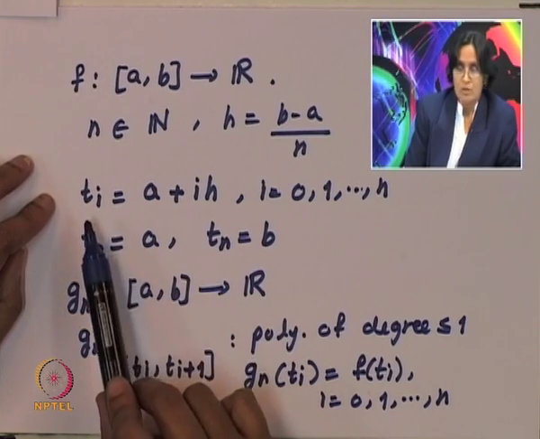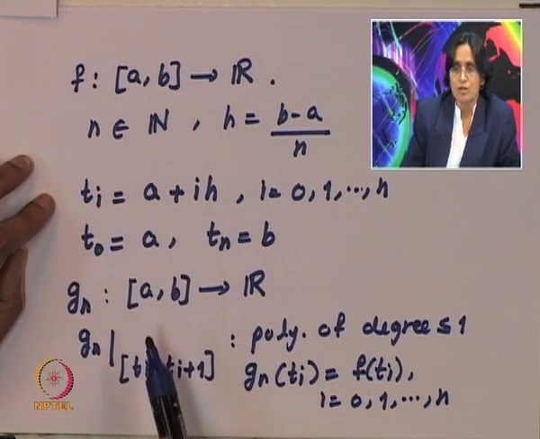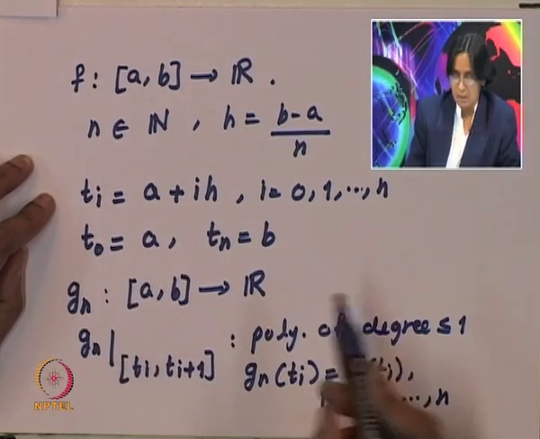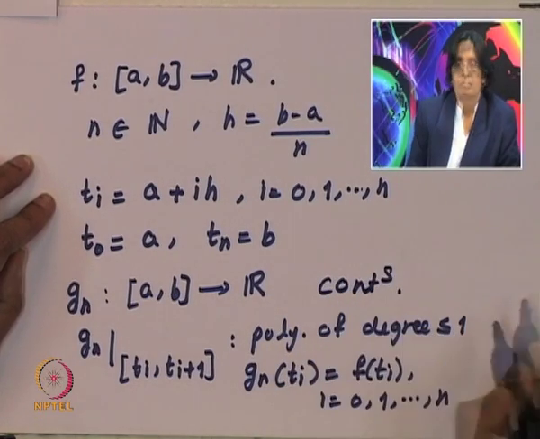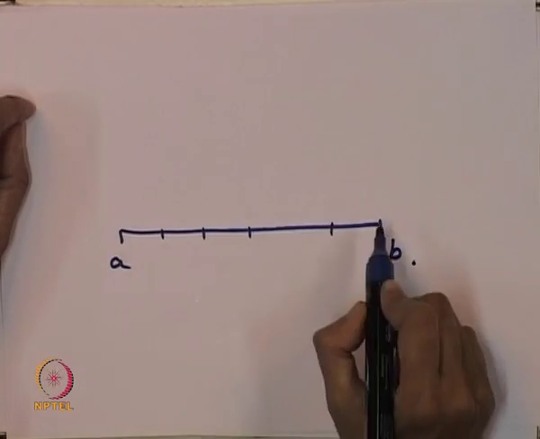Now, the choice of these interpolation points will guarantee that G_n will be continuous. So, what we have is our function defined on interval a b. We are looking at n plus 1 points in the interval a b.